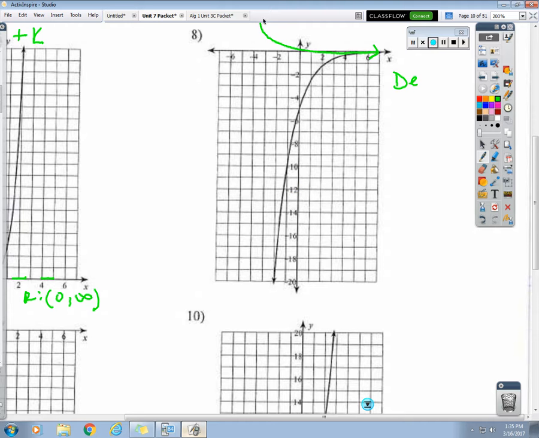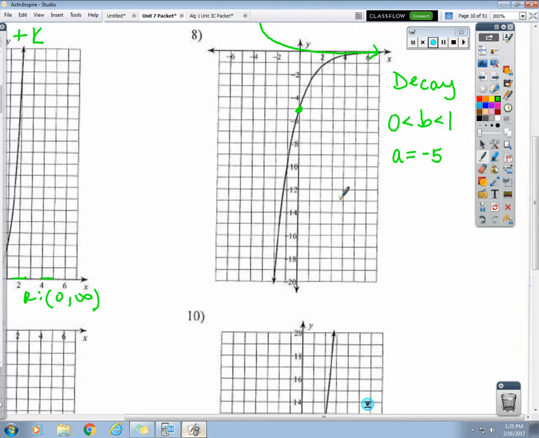Because think about it, it would have looked like this before the reflection, and that's decreasing, which is a decay. So right away we know our B value is less than 1 but greater than 0. What is our A value this time? -5. Doesn't it cross through the y-axis at -5? And that's what caused that reflection because the A value is negative.